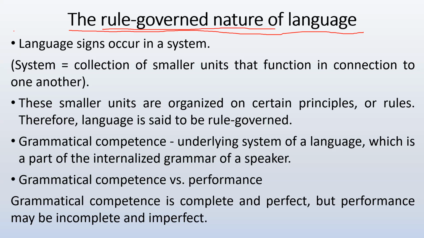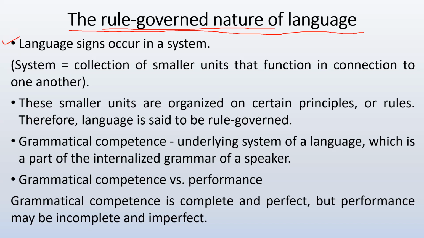A language is a system, language is arbitrary, language is dual, productive, etc. Among these features, the first one is a very important and major characteristic. What does it say? Language signs occur in a system.